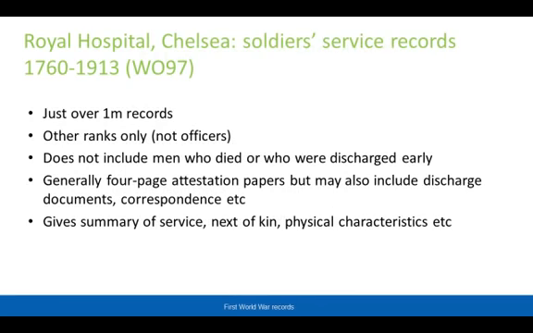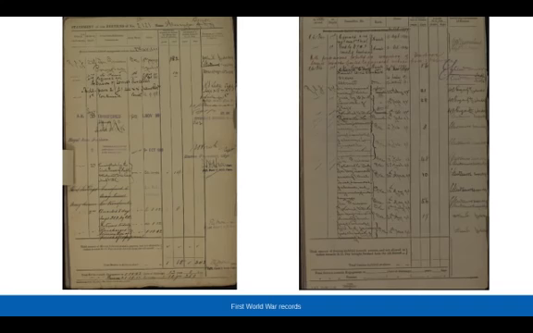So Soldiers Service Records 1760 to 1913, just over 1 million records, and it's other ranks only, doesn't include men who died or were discharged early, and what you get are generally 4-page attestation papers, but you may also get discharge documents, correspondence, etc. You get summary of service, next of kin. That's what it looks like.